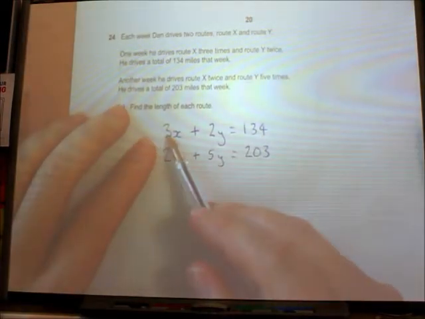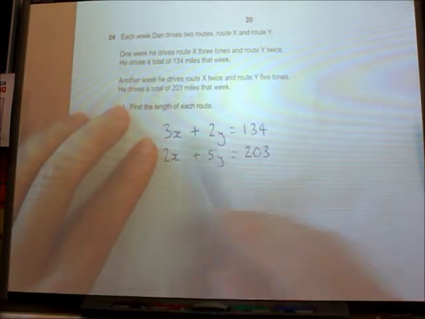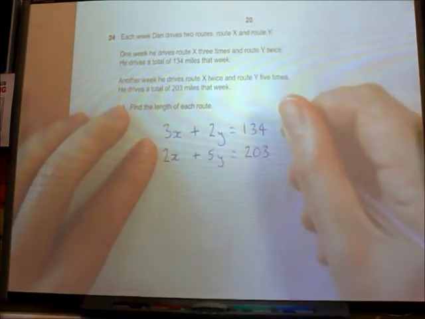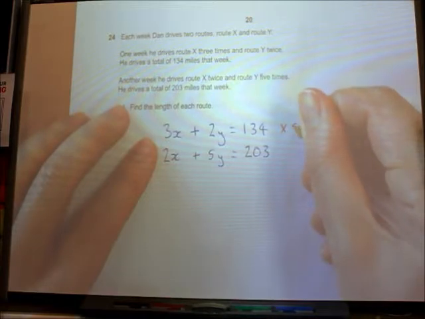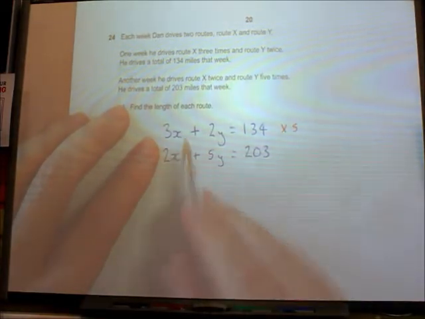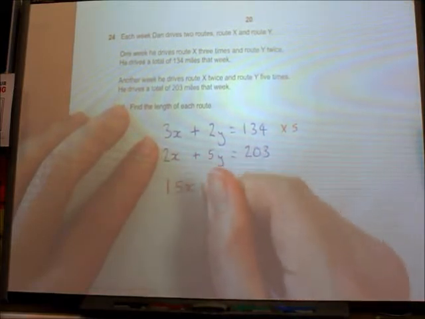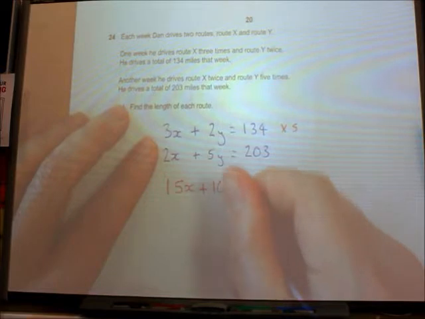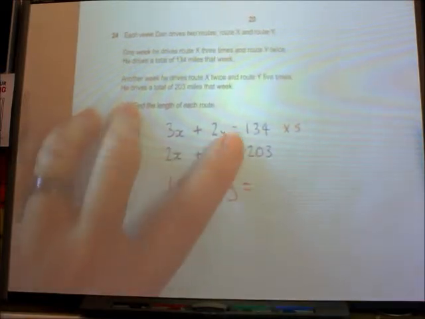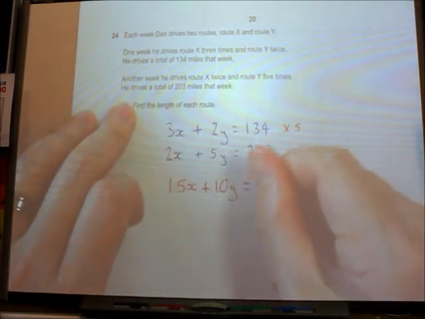So first, to get this to be 10Y, we need to multiply everything by 5. So you're going to multiply everything on that top row by 5. So that's going to make that 15x add 10y equals, and I've got to do 134 times 5, which is 670.